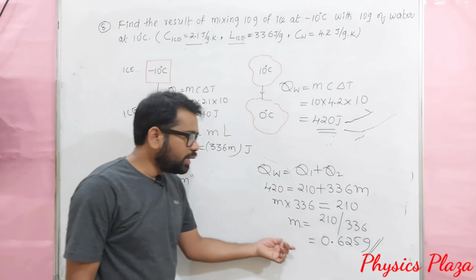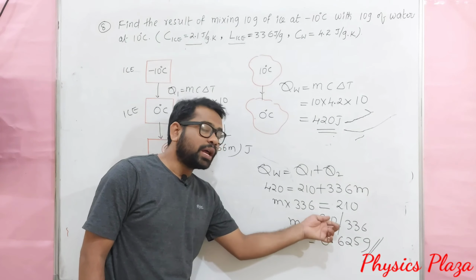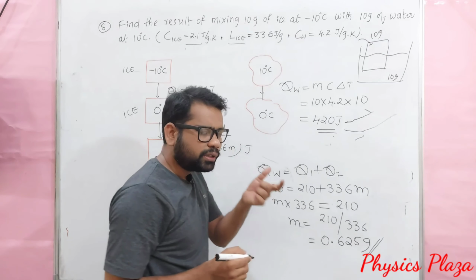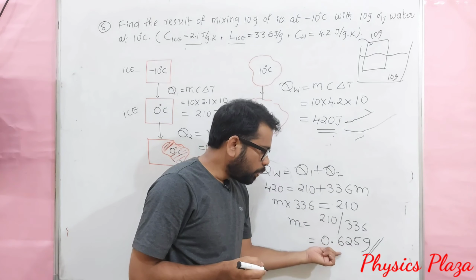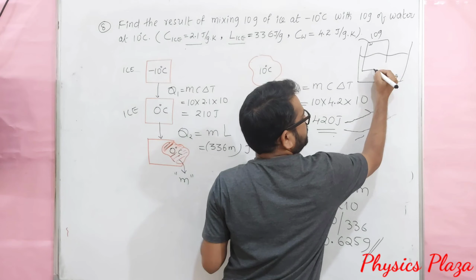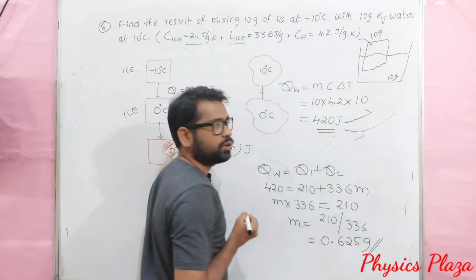Children, try to understand: only 0.625 grams of ice melts out of the 10 grams. We have 10 grams of water, and for this we added 10 grams of ice. Out of the 10 grams, only 0.625 grams of ice melts.